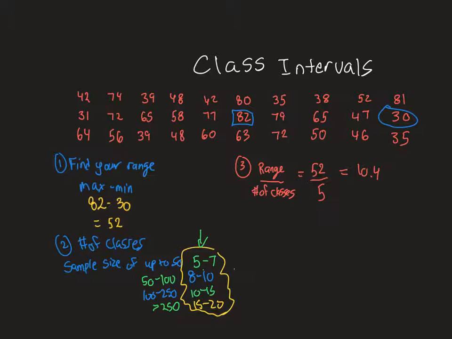So what does this mean? Well, when you're making your class intervals, you start from the minimum, and you should end with your max. So remember, I want 5 groups.